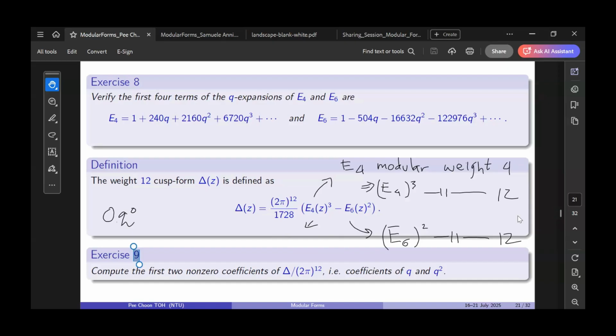As we have defined before, this means this is a special case of modular form, which we call a cusp form. So that's why this is a cusp form, a modular form with weight 12 with a0 equal to 0.